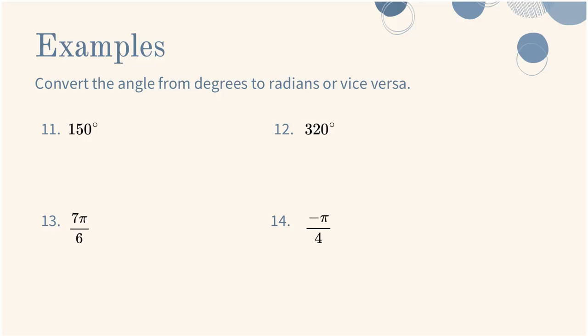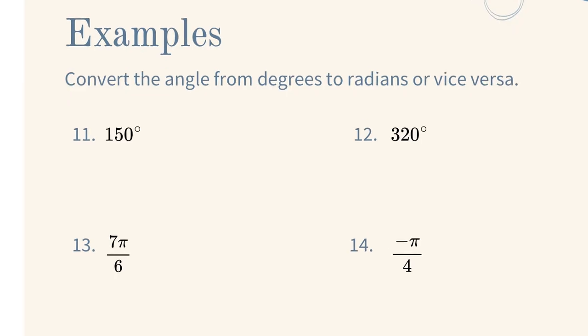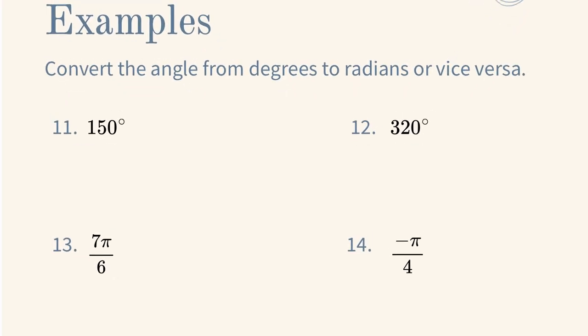So looking at these examples, you should be able to tell which one's in degrees and which one's in radians. Super easy, but now you have to know the rule. I'm just going to write it. Again, the more you write it, the more you're going to remember it. If I'm going from degrees to radians, I'm multiplying by what?